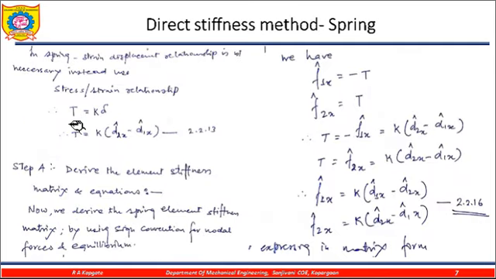Hence we know the stress-strain relationship: the force is equal to k into delta, where k is the stiffness. Now delta is equal to d2x minus d1x. Hence now we move to the element stiffness matrix. F1 is equal to minus T, because I have already mentioned that the force at node 1 is applied against the x-axis.